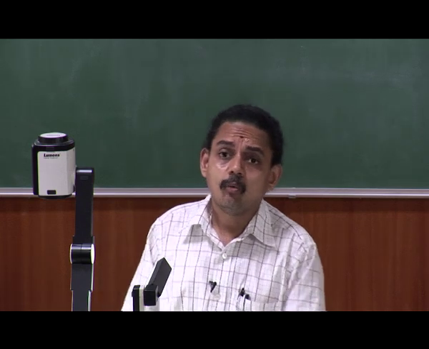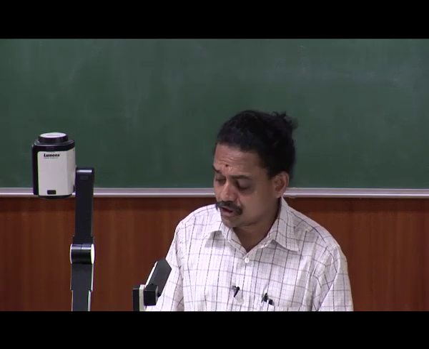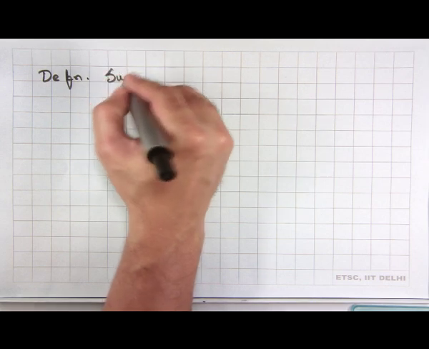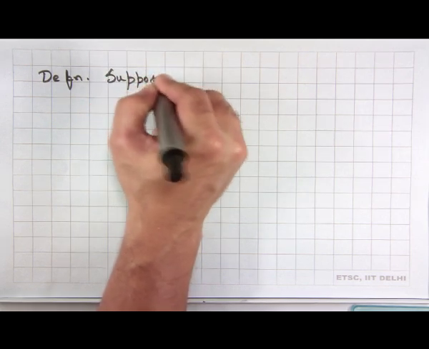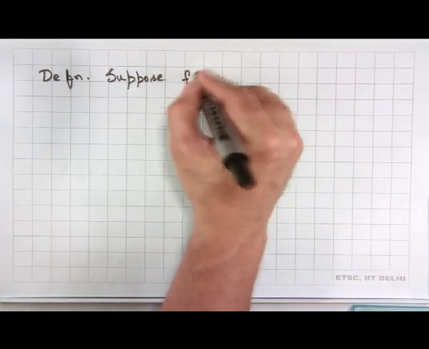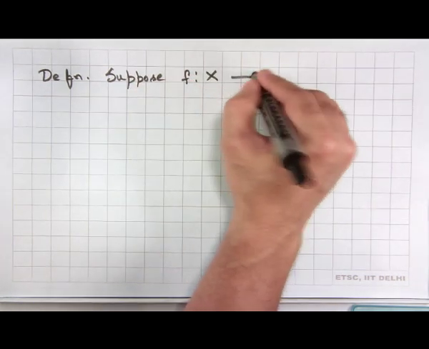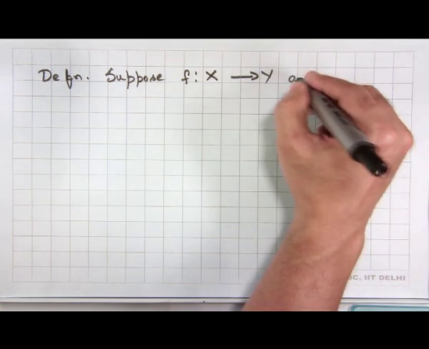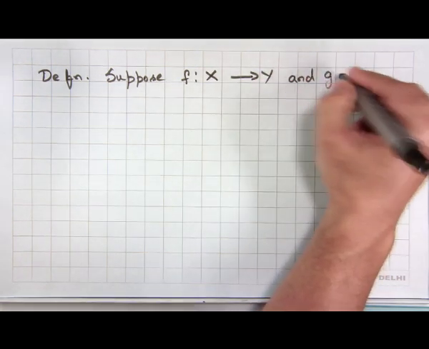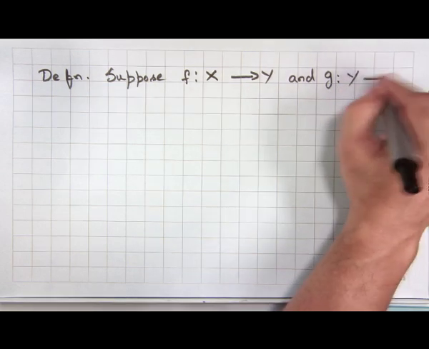Now, let us look at one more important concept of functions, what is known as the composition of functions. Suppose you have two functions f from x to y and a function g from y to z.